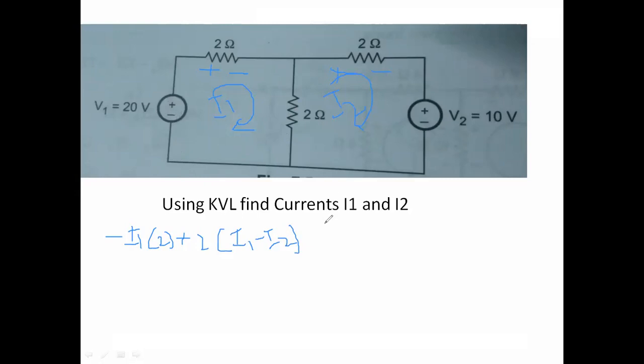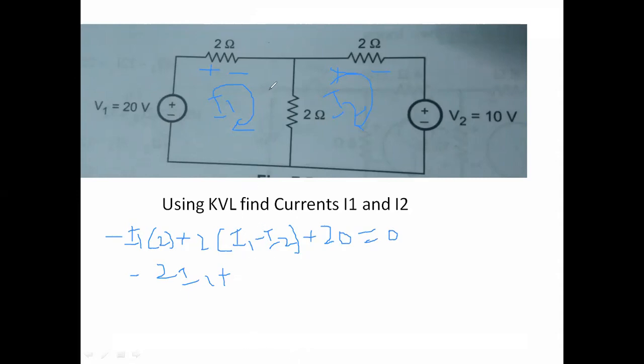So this is plus, or we can take it as, plus 20 is equal to 0. Then it is minus 2I1. This is plus 2I1. No, something is wrong.